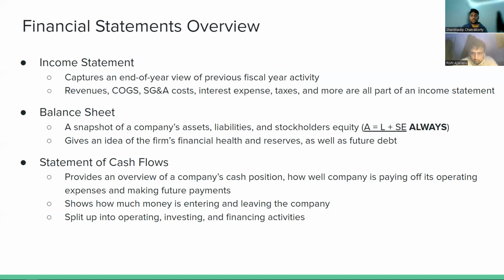Interest expense, that's how much interest you're paying either semi-annually or annually as a result of how much debt you have. When you take out a loan or something, you have to pay interest on it. So that interest payment goes into the income statement because you have to pay that immediately. Taxes, that's once you calculate your operating income after you take away the COGS and SG&A and all that.